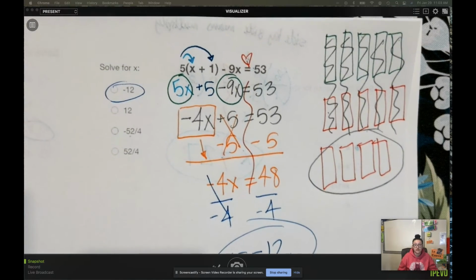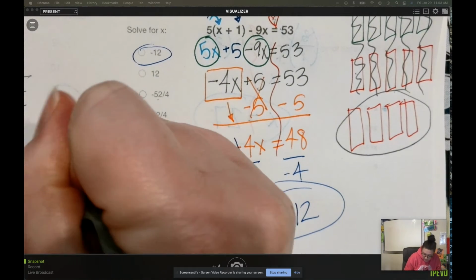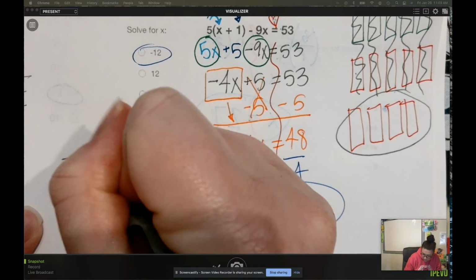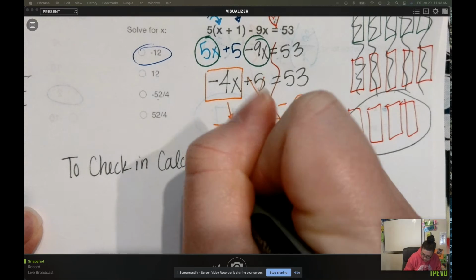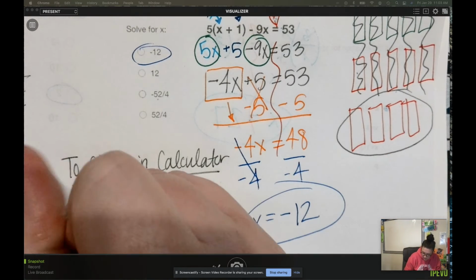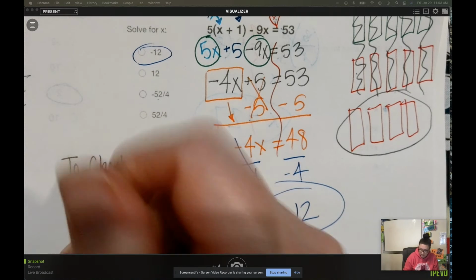So I'm going to write down the steps to check, okay? So for me to check in the calculator, the first thing you need to do is type in your answer.